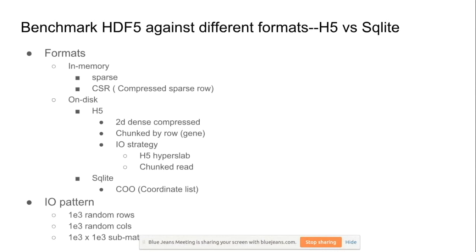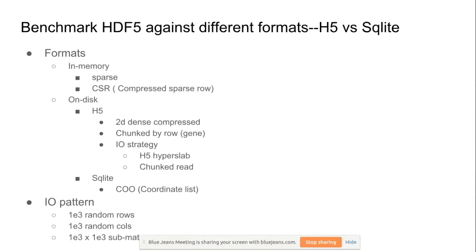And we also use the in-memory version of the data matrix and a sparse matrix, in its compressed sparse row format, as the reference to compare with the other on-disk formats.